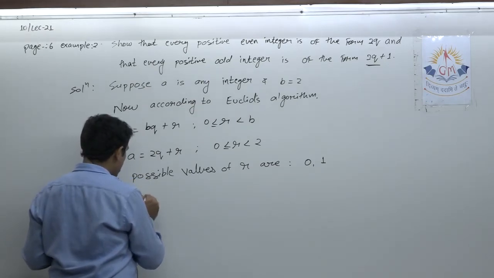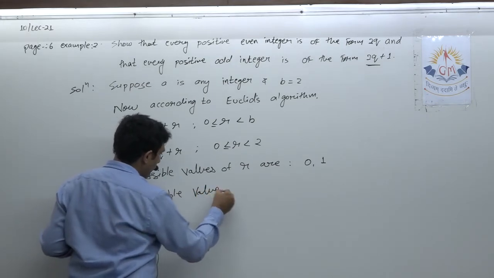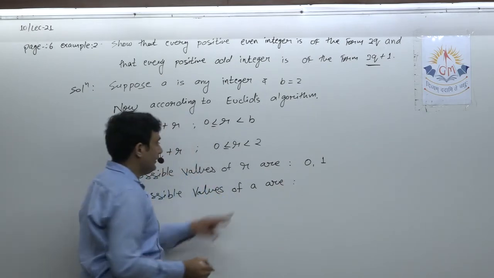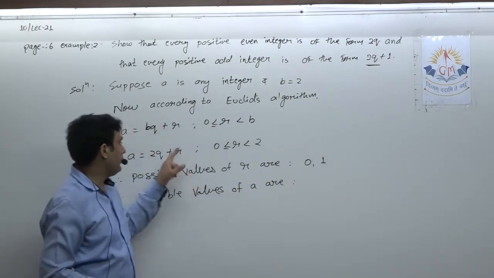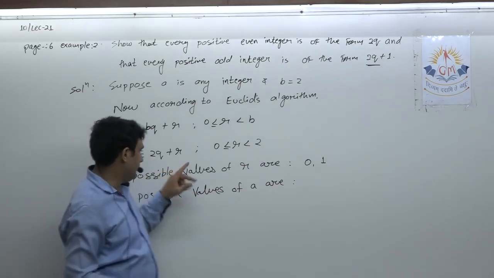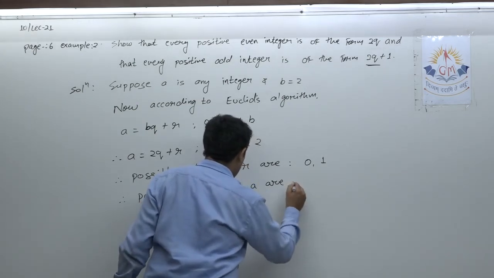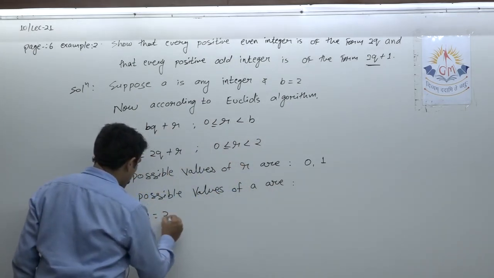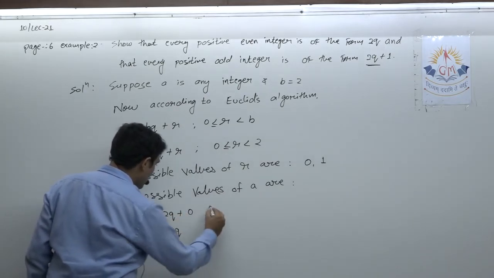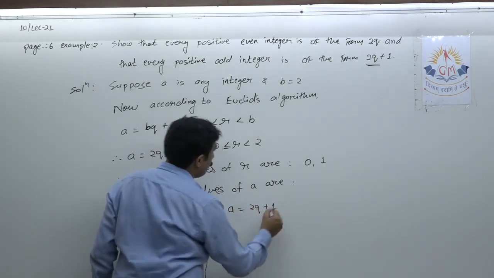Therefore, if these are the possible values of r, then what are the possible values of a? a is equal to 2q plus 0, therefore a is equal to 2q, and a is equal to 2q plus 1.